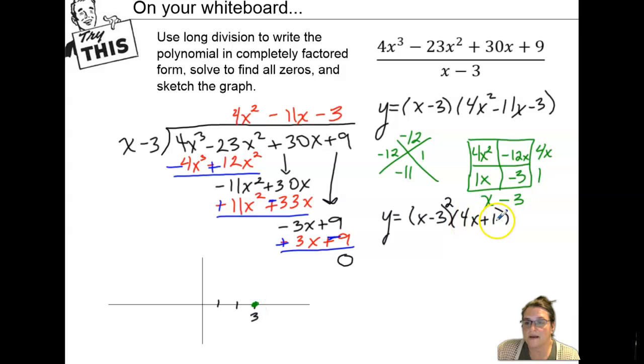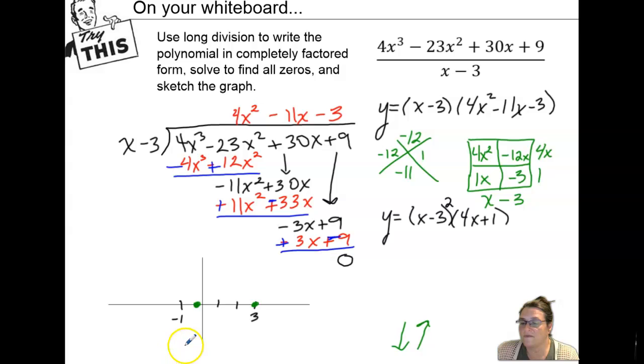And then at negative 1/4 there's going to be another 0. So negative 1/4 is going to be real close to the y-axis. So the end behavior, since this is an odd degree and a positive leading coefficient, the ends are going to start down and end up. That's using my leading coefficient test.